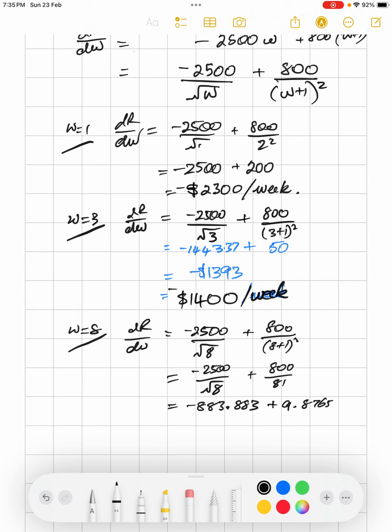About negative $874. We want to the nearest 100, so it's negative $900 per week, and that's to the nearest $100.